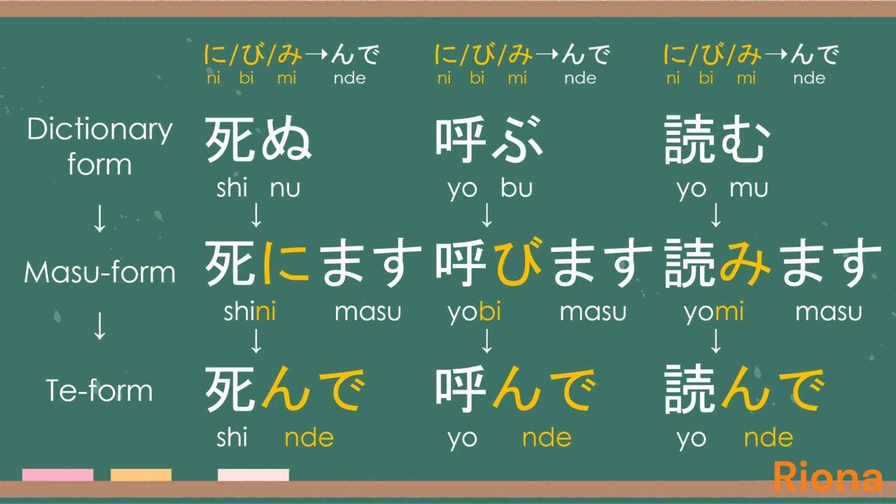And in the case of 読みます, which is the mas form of read, 読む, the character before mas is み. So, by changing this み to んで and removing mas, we can make it て form.